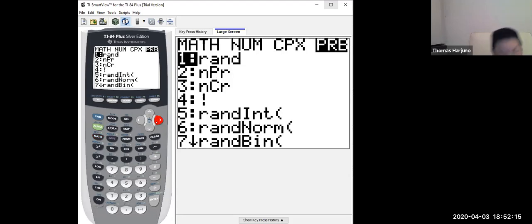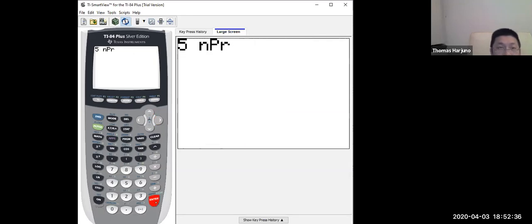Everybody with me? Now, anybody not with me? Okay, now once you get PRB, then you move the cursor down to nPr, and then you press enter. After that you press 3 and then press enter.